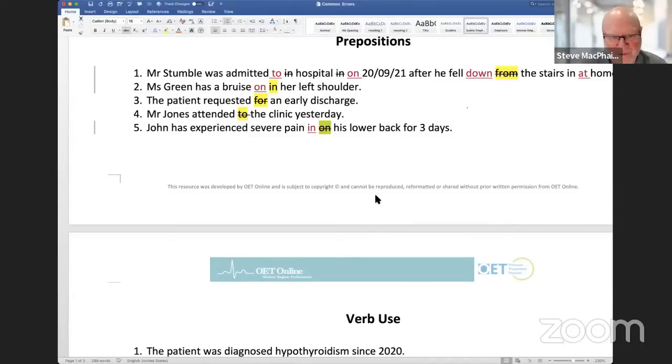All right. Now, prepositions is one of those challenging areas of language. It's like articles. You've got to know the rules. You've got to practice. So if you find this challenging, definitely spend a bit of time. And I think it's really awareness. Even when you sit the exam, when you're doing your proofreading, you've got to double check.